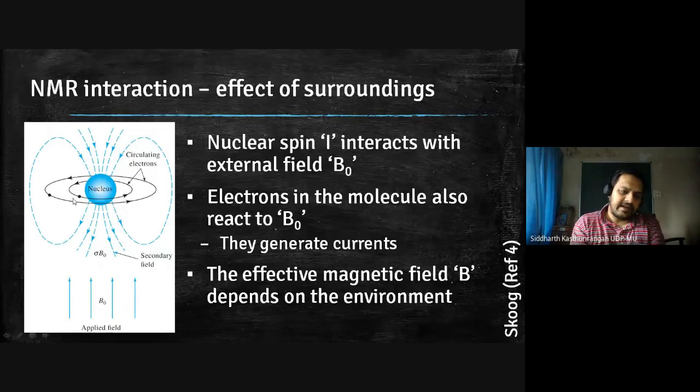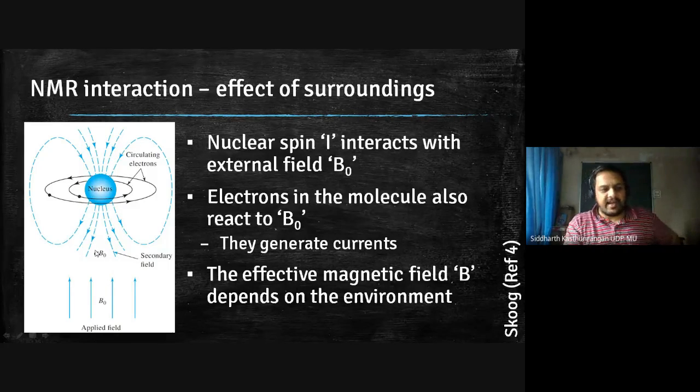The more the external field, the more this effect you will get, and this effect can either reduce or increase the existing field, and so you will get a shift of the nuclear magnetic resonance depending on the electron structure surrounding that particular nucleus. It is summarized here.